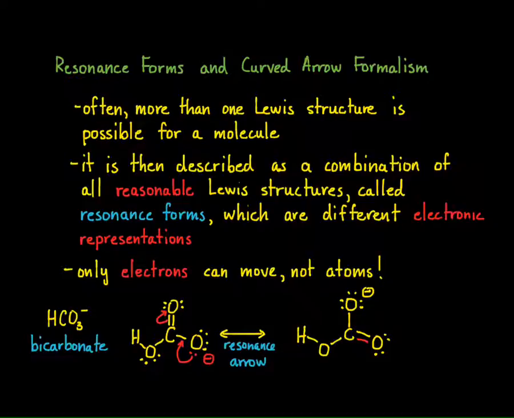And so these are 2 resonance forms. They are actually equivalent forms, which means that those pair of electrons actually oscillate between each of the oxygen atoms, right? So a true representation of the bicarbonate anion is actually a blend of these 2 structures.